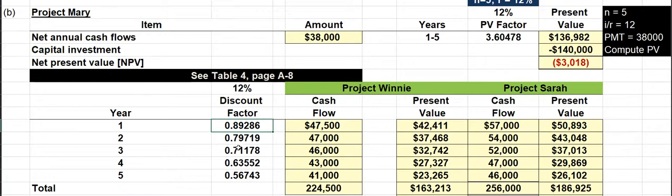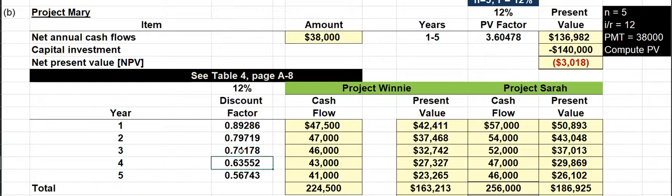Similarly, if you were promised $1 two years from now and the interest rate is 12%, then it would be equivalent to 0.79719 today. Again, if you were to take this amount and invest it for 2 years at 12%, then in 2 years you would have $1.